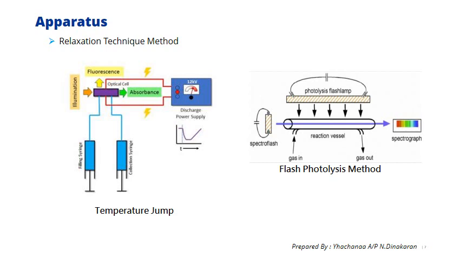Another method under relaxation techniques is flash photolysis. The apparatus needed are gases, spectroflash, reaction vessel, photolysis flash lamp, and a spectrograph to read the result. These are the apparatus needed for flow techniques and relaxation techniques, and they will be prepared according to the pictures shown in the slides.